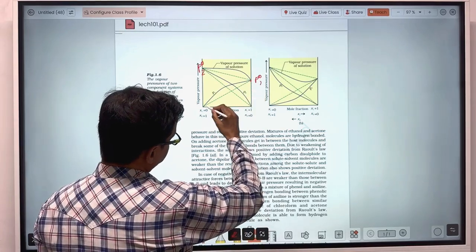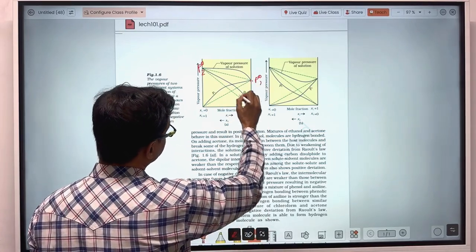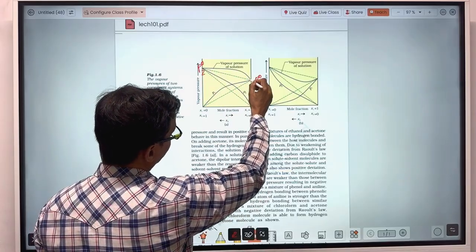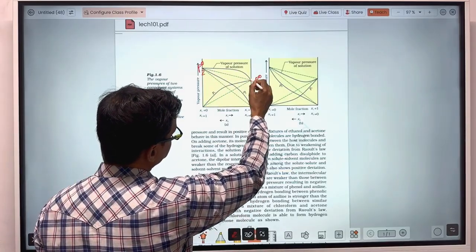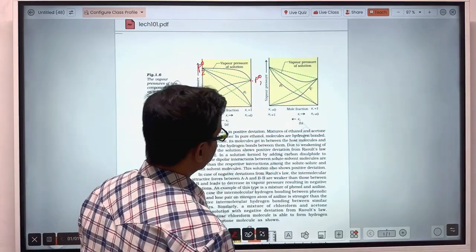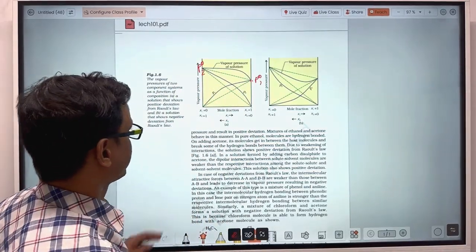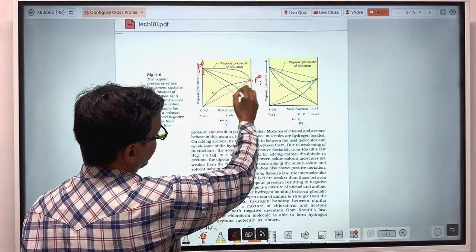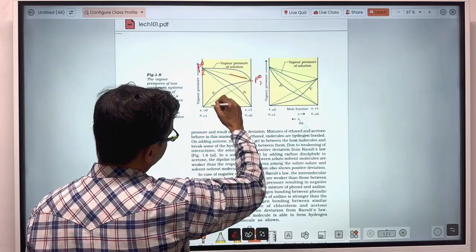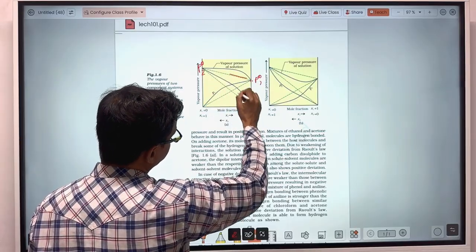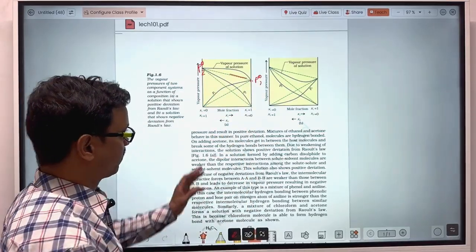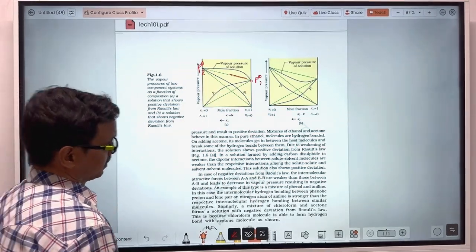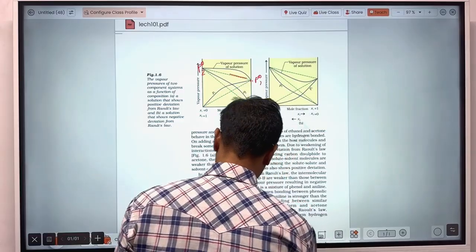Between both of them, this is the graph. The dotted line shows the vapor pressure of liquid 1 and liquid 2 as expected from Raoult's law, and the P total.